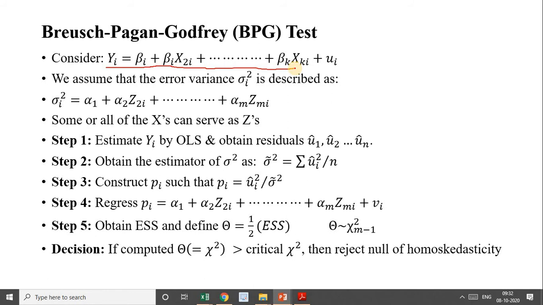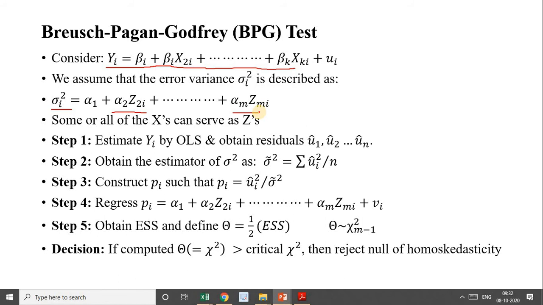Here we are assuming that the variance of the error term depends on some or all of the explanatory variables. Z2 means the first explanatory variable, Z3, Z4 the next ones, and Zm up to the last independent variable.